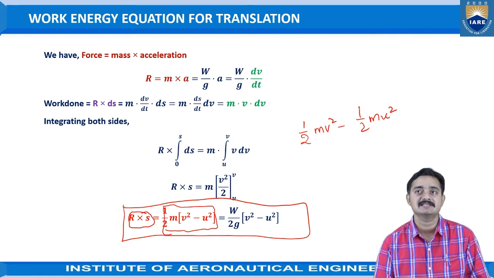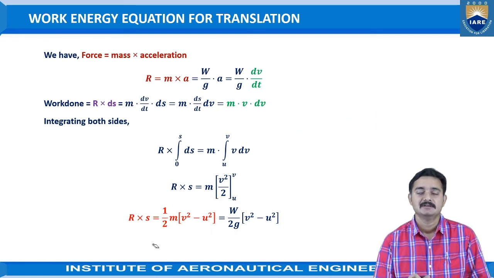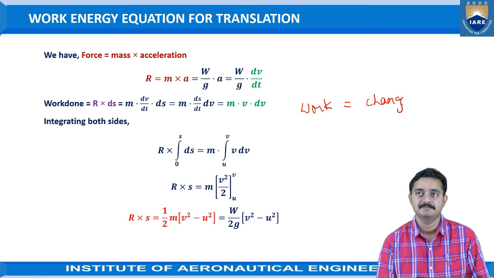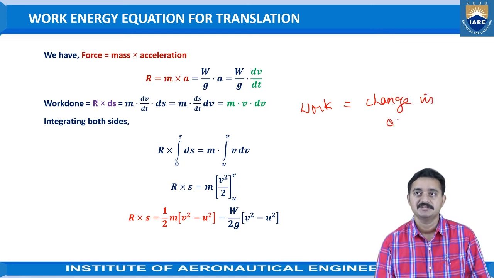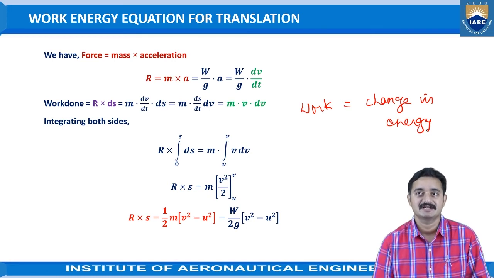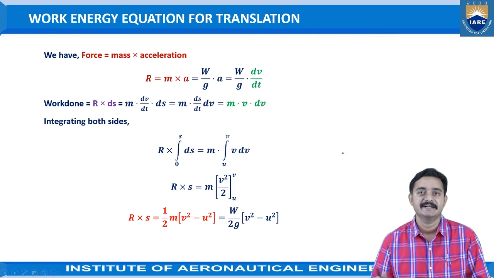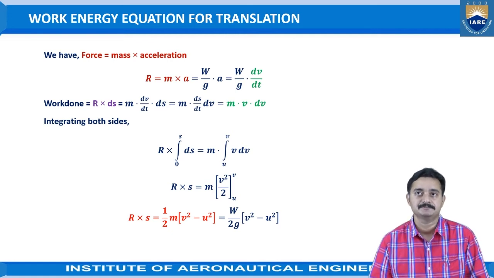So that can be treated as the change in kinetic energy. So ultimately, we can say that work done is equal to the change in energy. This is how the work energy equation for translation is represented: the work done is equal to the change in kinetic energy, which is the equation known as the work energy equation.